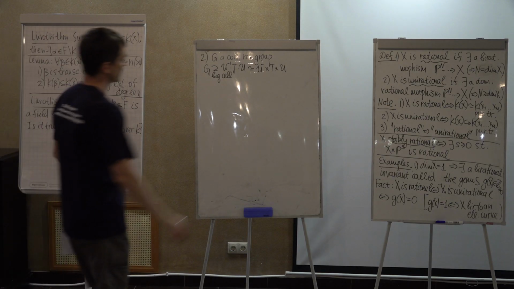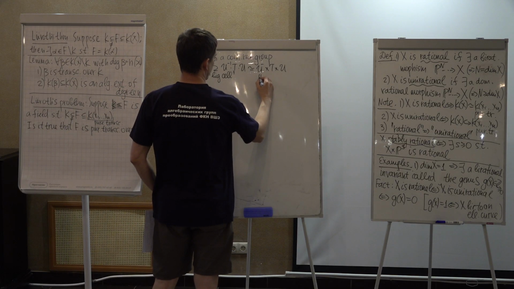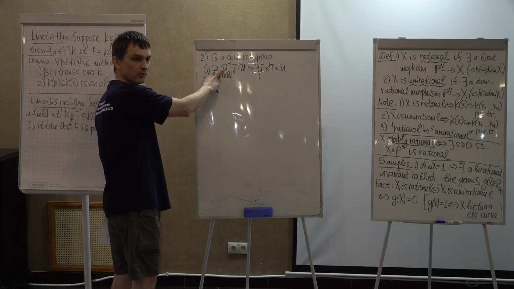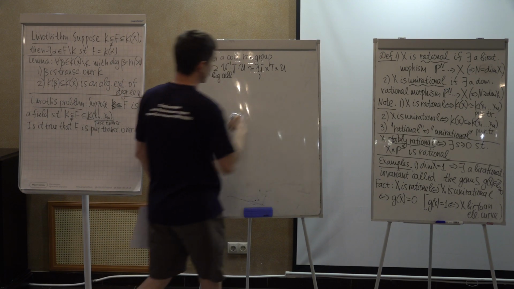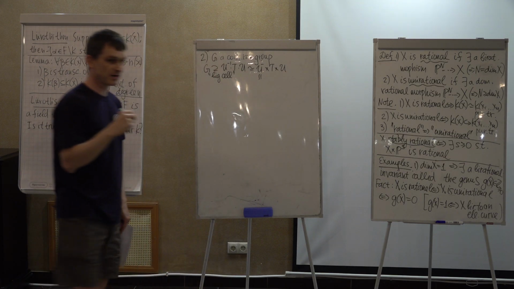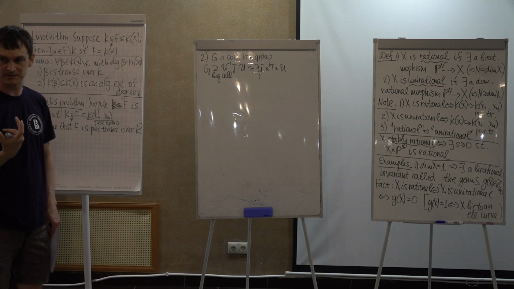Right? And in this case, U is a maximal unipotent subgroup, T is a maximal torus, and U minus is the opposite maximal unipotent subgroup. So we have this direct product, and every unipotent subgroup is isomorphic to an affine space.